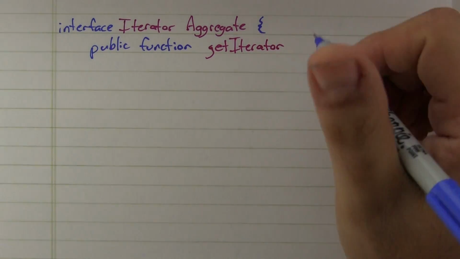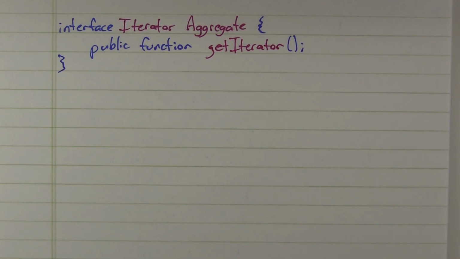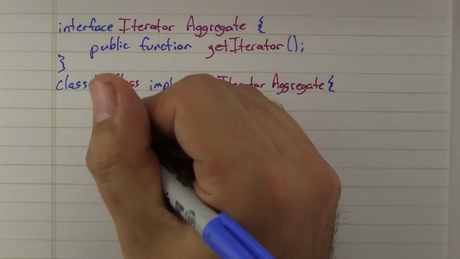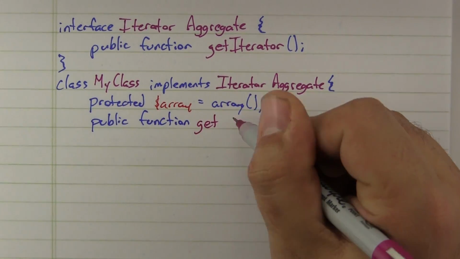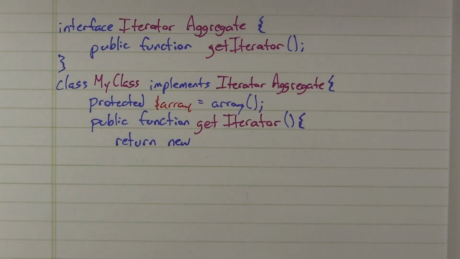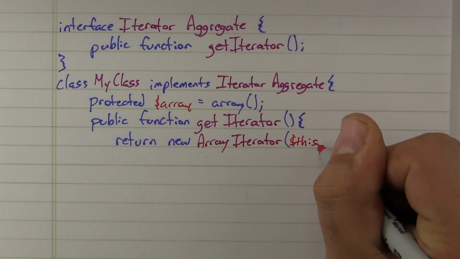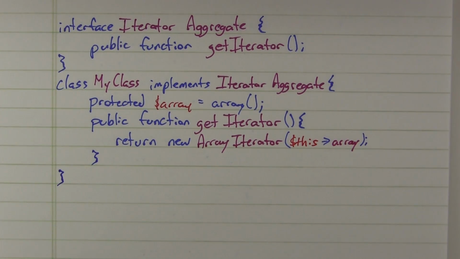So let's say your class has an array that you want to allow iteration over. Instead of building a new iterator in your class, simply implement IteratorAggregate and return an ArrayIterator from the getIterator method. We can now use an instance of our class in a foreach.